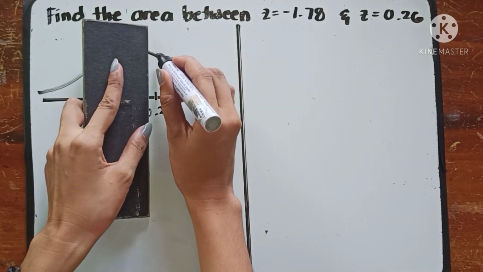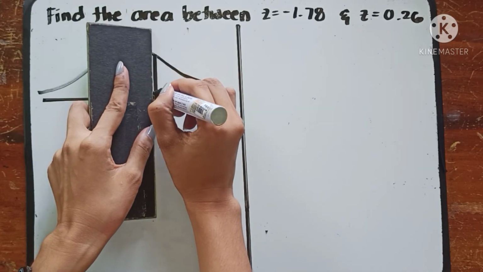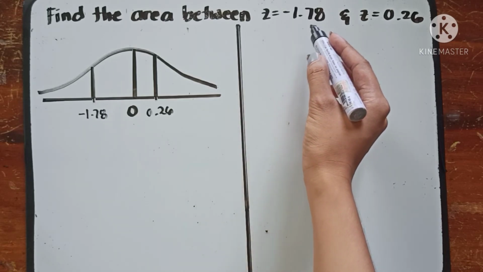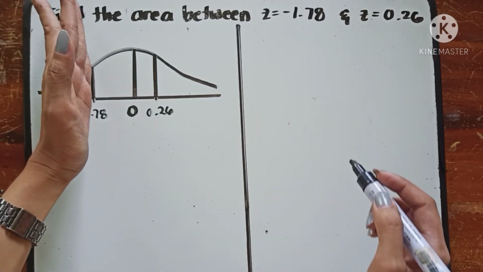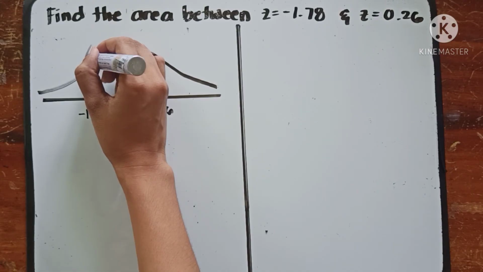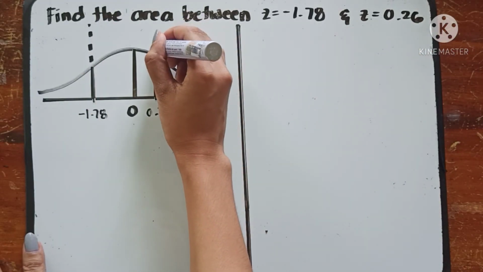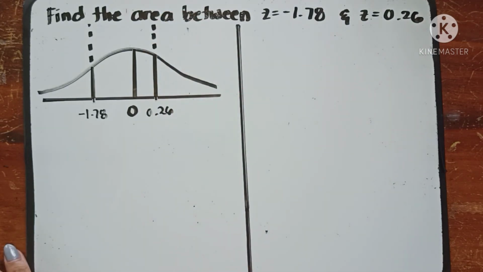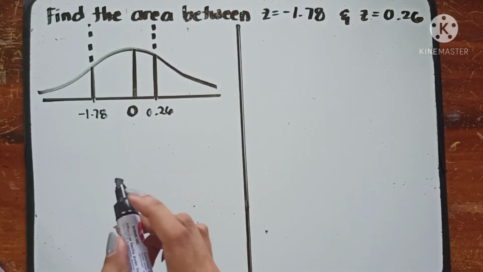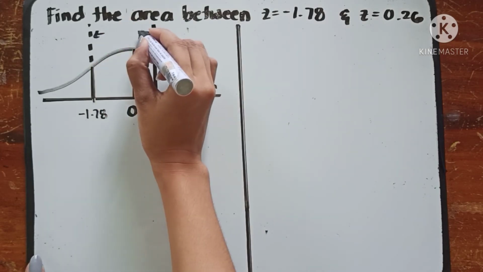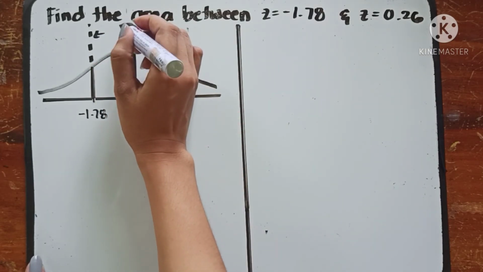Okay? So, next. Ang hinahanap natin is yung area between negative 1.78 and 0.26. Okay? So, ang hinahanap nating area is from negative 1.78 hanggang 0.26.